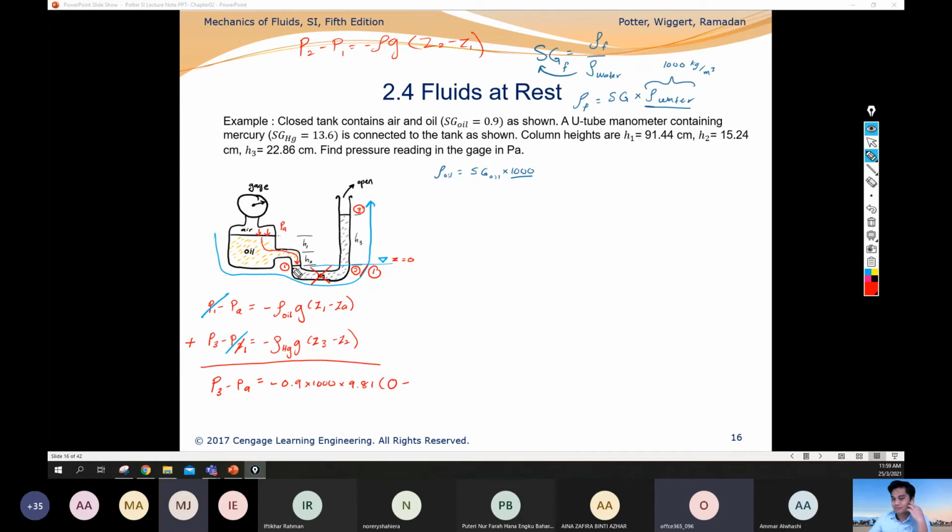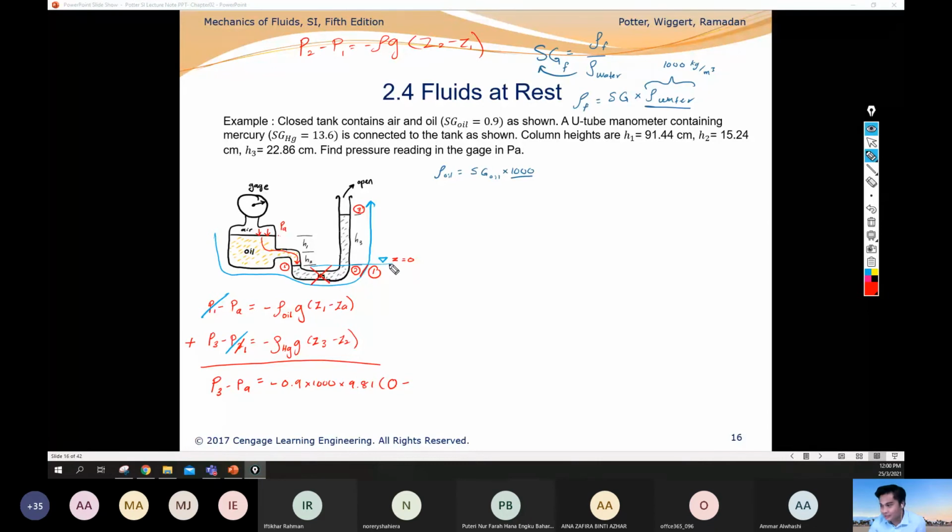Can you understand? Okay. Can you see this point 1? It is on the same line with the reference, right? So the reference is totally 0. We start from 0. Understand, everyone?